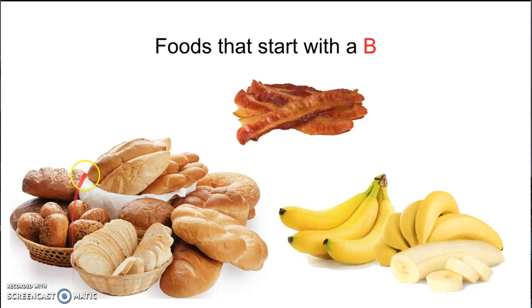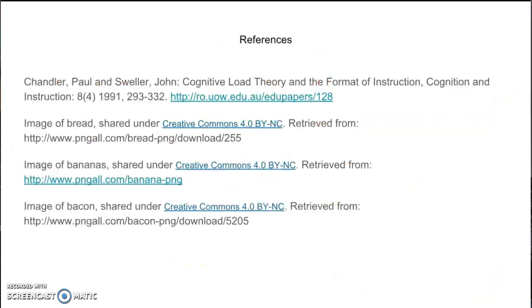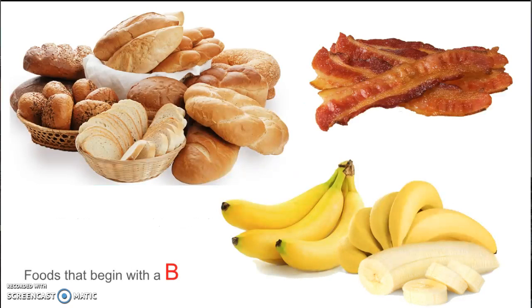But we just have the words across the top here. And then we have bread and bacon and bananas. Or another way to say the same thing would be to just have small words here like a caption in the bottom. In this way, well, I'll go back to that, sit on it for a minute.